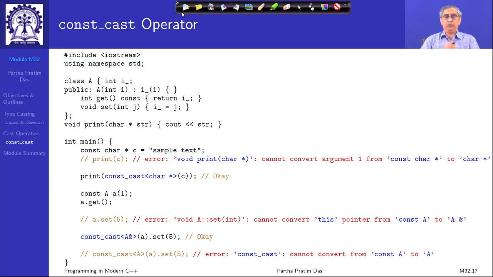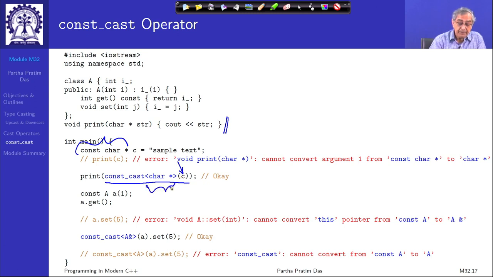Now, I know from the documentation of this library that this print function does not do any harm to the string which is passed. So, it is okay to pass a constant string. What do I do? I strip the constness. The source type was const char star.